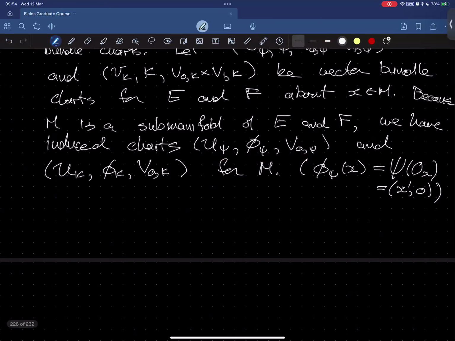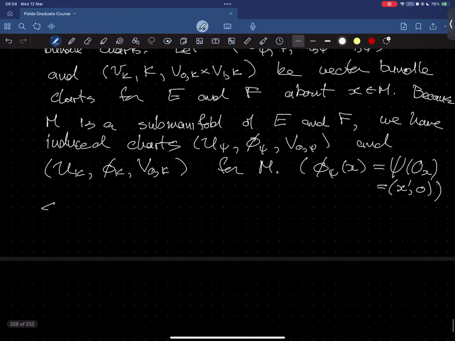So I'm just indicating to you how you define these charts. Okay, so with the simplification that I'm going to make is because M is a submanifold, I know that the charts for M about X are compatible. And so I'm going to make the simplification that they're the same. So we're going to simplify.